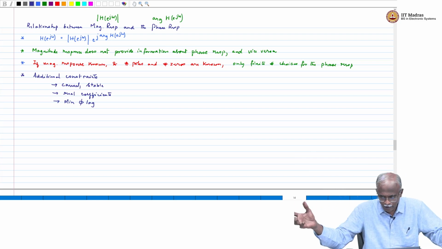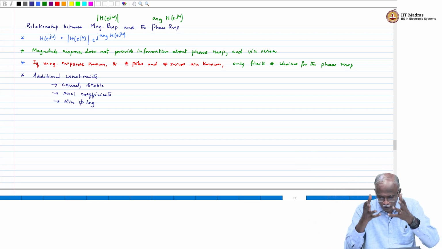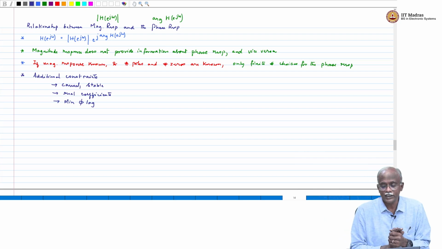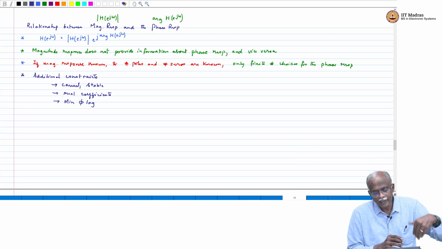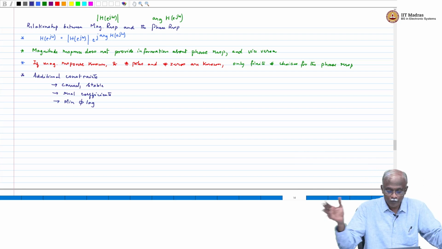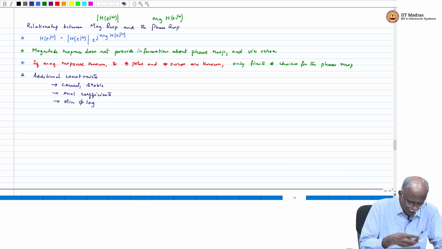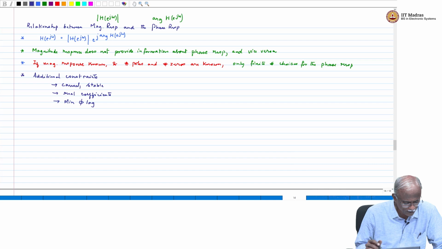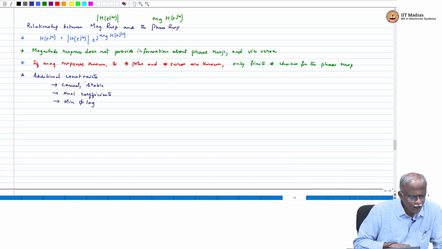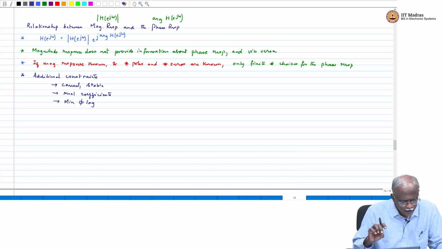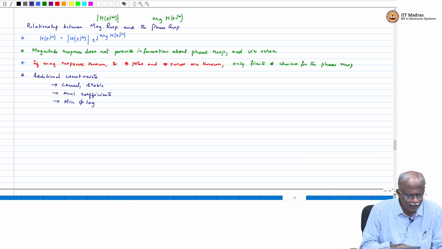Now, if you can impose certain other constraints which will reduce the number of choices, then you eventually may be left with just one or possibly two possible sequences. All right. I hope you are comfortable with this particular aspect.